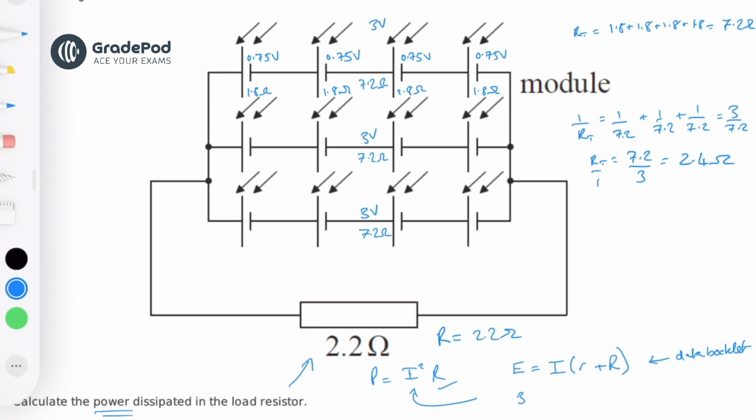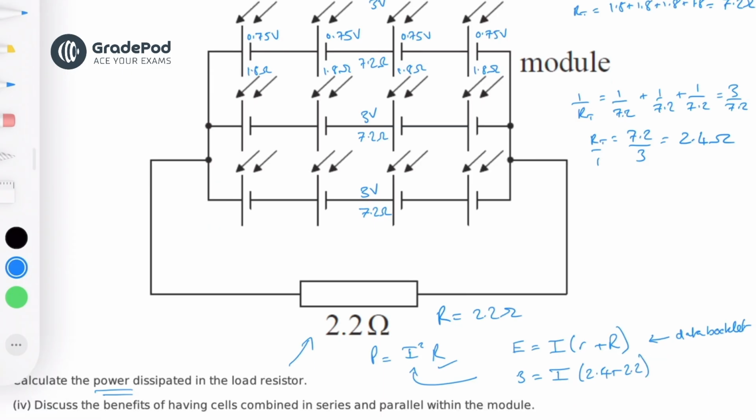Okay, so we know 3 is equal to I times R plus r, so 2.4 plus 2.2. So I equals 3 over 4.6, which gives us a value of 0.65 amps.